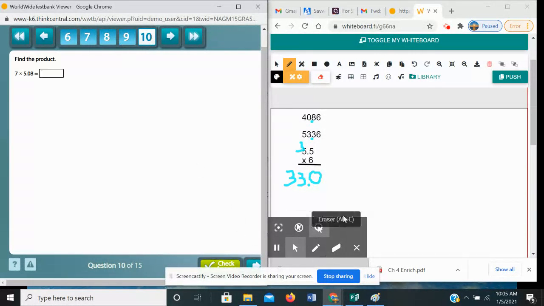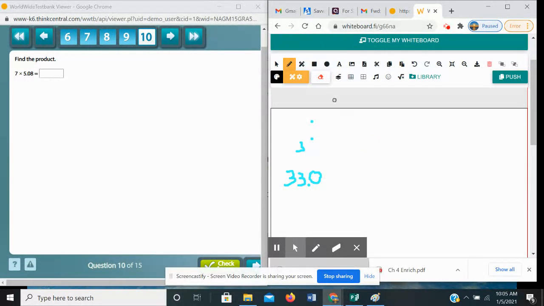Now the only thing just to remember is, let me just erase this. There we go. When you're multiplying these numbers, even though this 7 is first, you start with the one that has more digits. It's always easier to multiply that way.